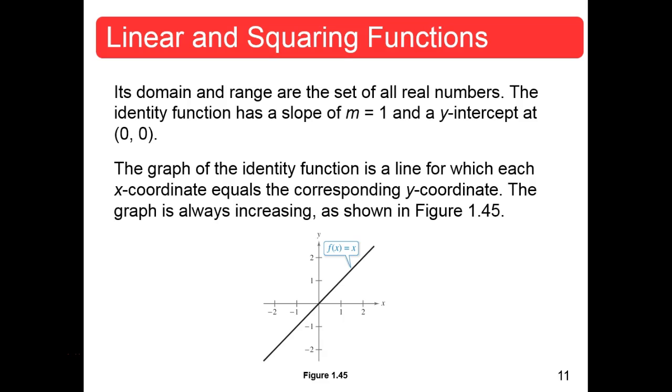Increasing or decreasing? Increasing. Even or odd or neither? It's odd, because whatever you do up here, you do the opposite down here, right? So it's odd. F of negative x is equal to negative f of x.